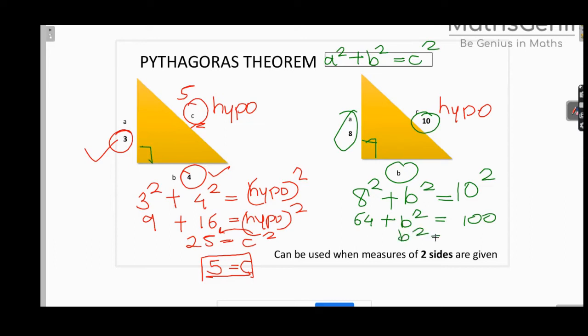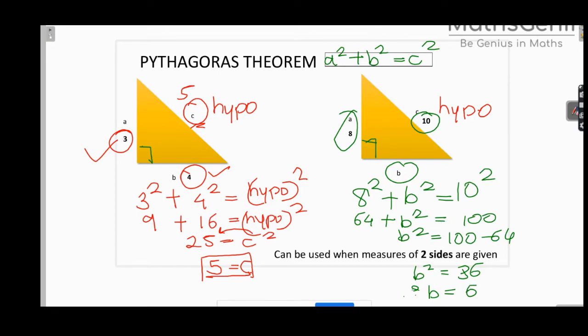B square is equal to 100 minus 64. B square is equal to 36. Square that side becomes square root. Therefore, B is equal to 6.